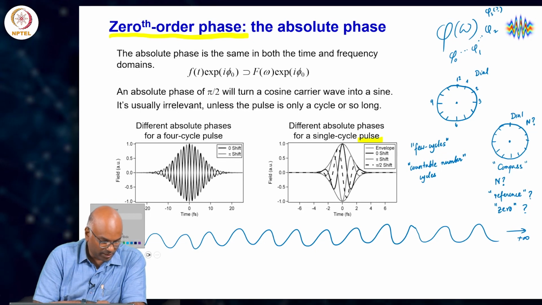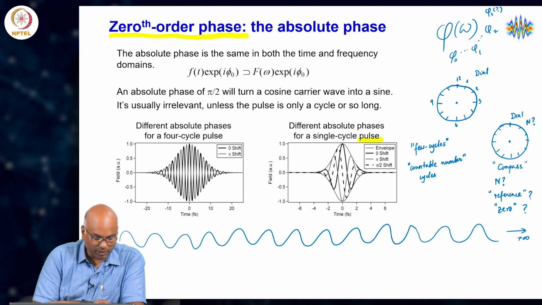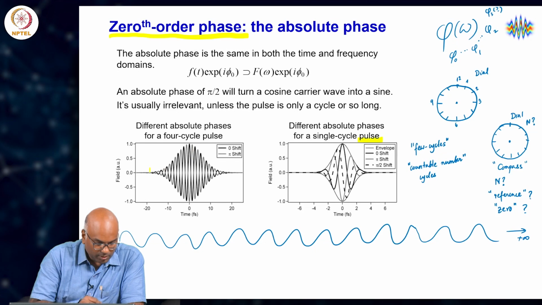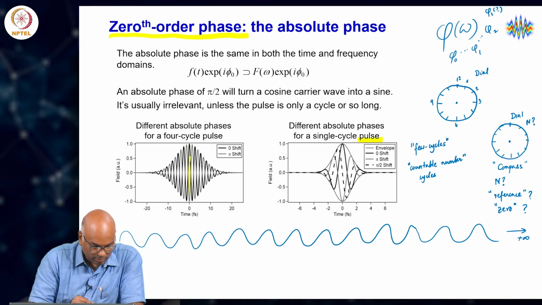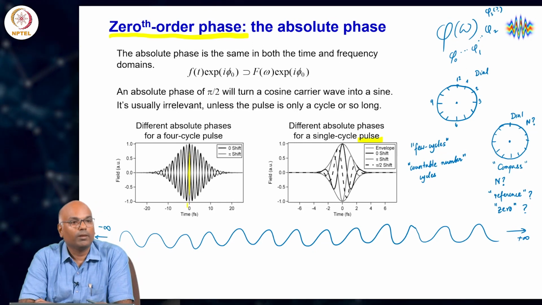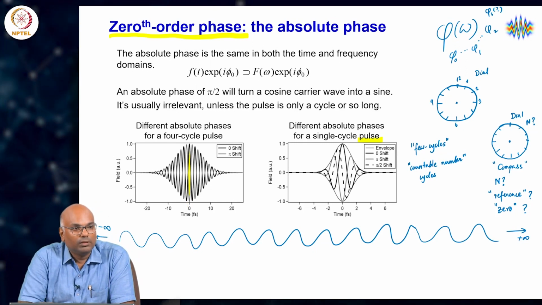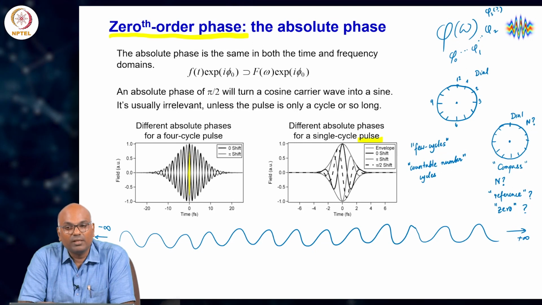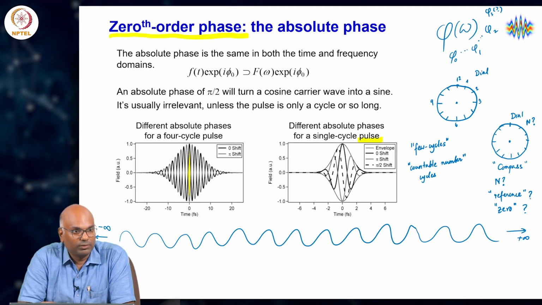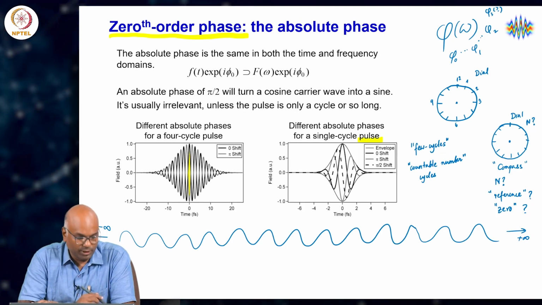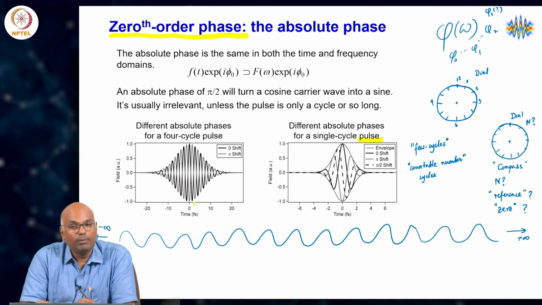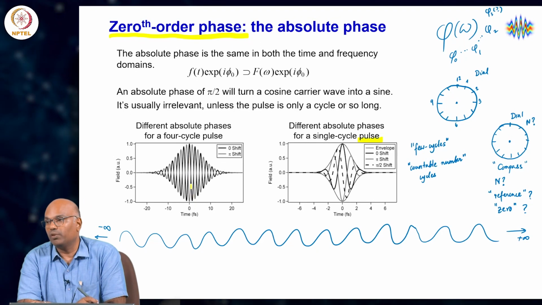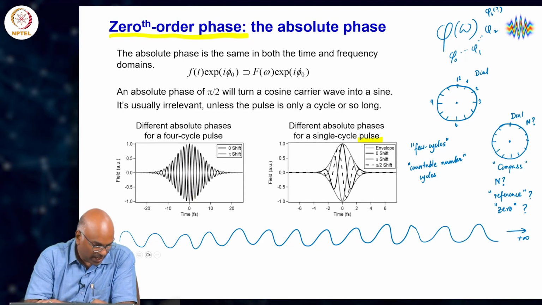What do I mean? Consider the example of these two pulses which I have plotted. The pulse to the left is also a so-called ultra-short pulse. Now the zeroth order phase needs a reference point. With respect to what am I measuring the zeroth order phase? In the case of pulses, well-behaved pulses, the amplitude function, the envelope function, has a maximum.